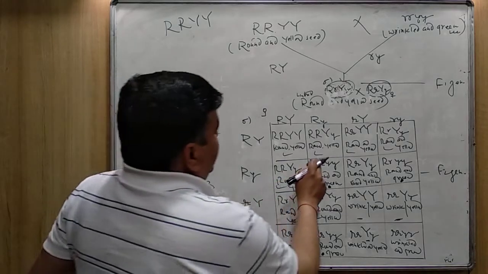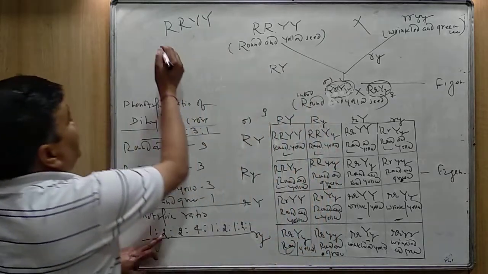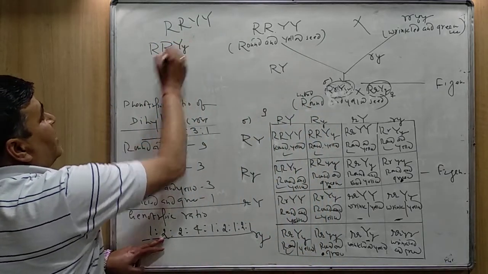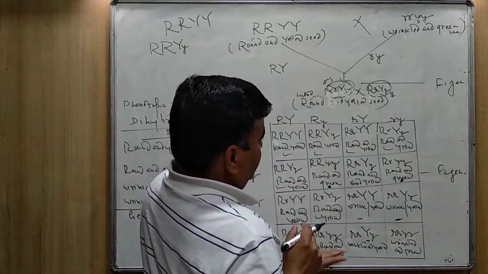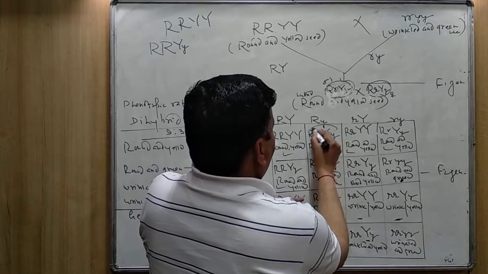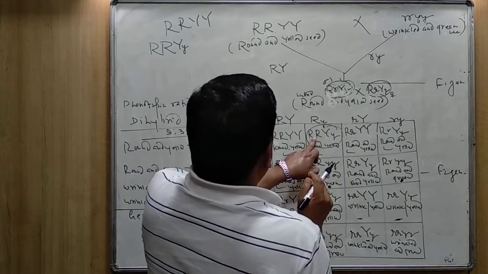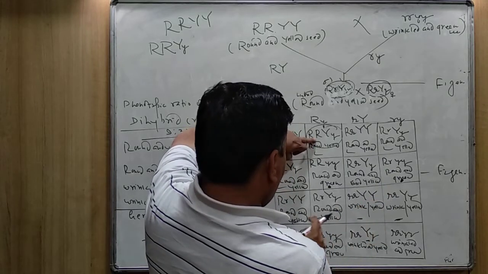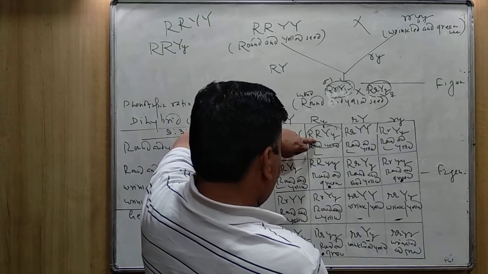2. Now you say round and yellow. This genotype, capital RR and capital YY. How many places are they found? Here, definitely one, and more places it will be there. See the diagram.